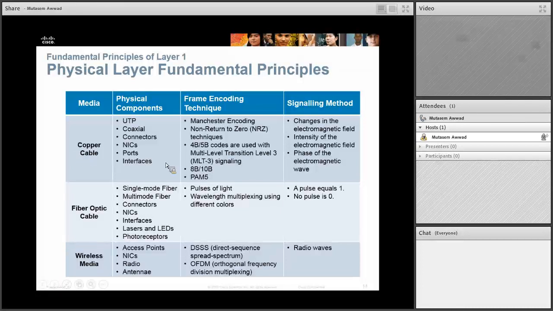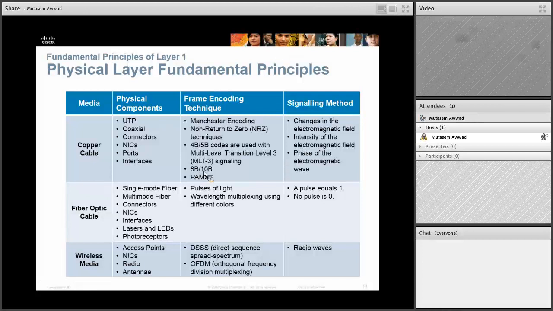Okay, depending on what type of NIC you have, the data gets encoded on the wires in many different ways. For example, Manchester encoding is used by 10BASE-T NICs. 4B/5B codes are used by 100BASE-T NICs. Gigabit Ethernet uses 8B/10B.